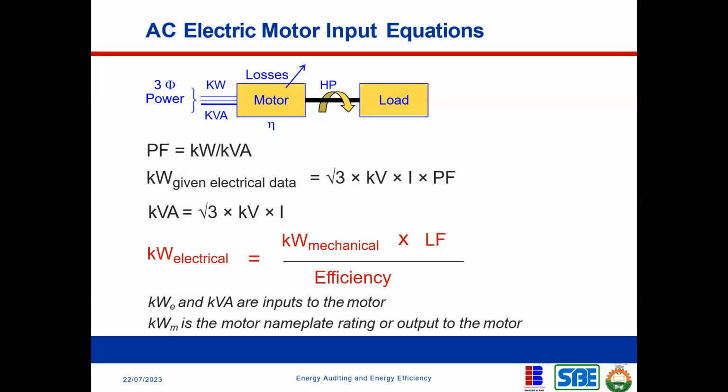Even if they do not put mechanical, please assume it is kilowatt mechanical. That is the output of the motor. The reason is the input of the motor depends on a lot of factors, so they will always state the output, the work that the motor can do for you, in kilowatts, and it is kilowatt mechanical.